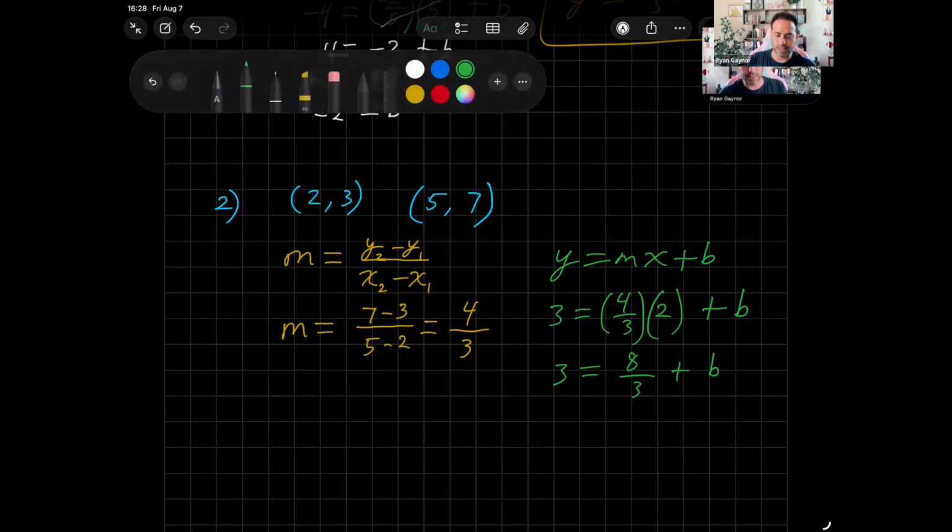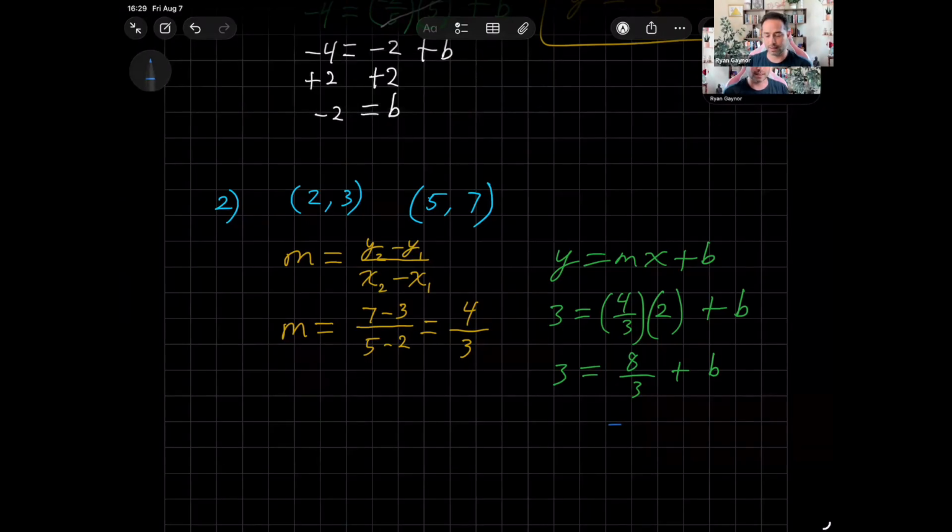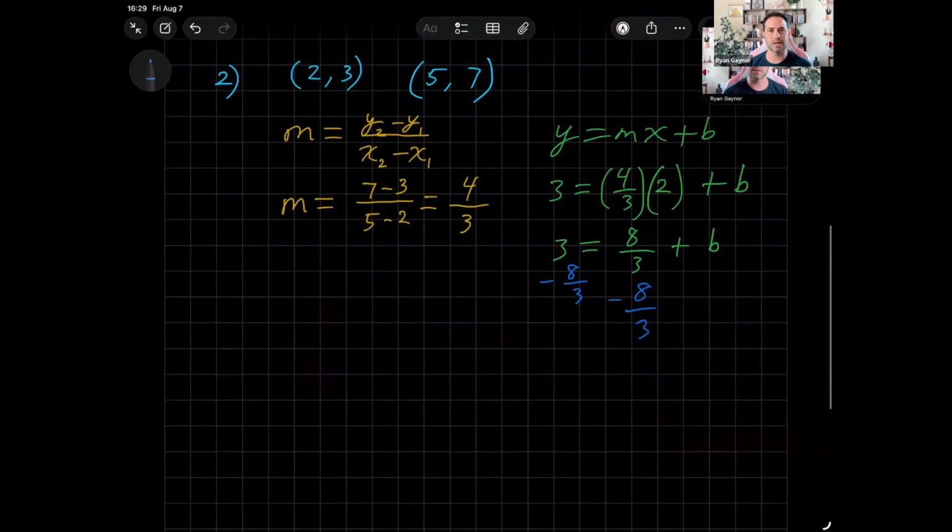Okay, so now we have to get b by itself, right? So we have a positive 8/3, and it's not multiplying against anything, so we're going to subtract 8/3 on both sides. Okay, so now we have a fraction problem, right? We have 3 minus 8/3.